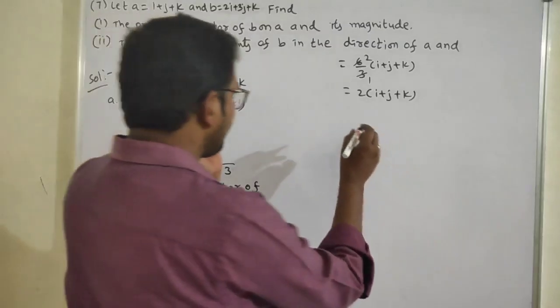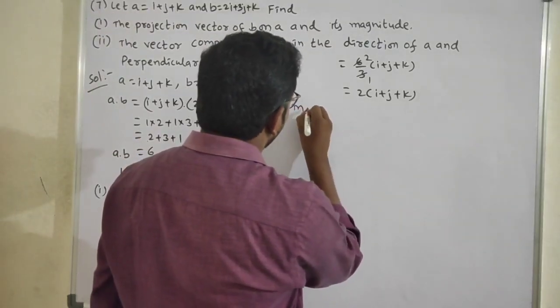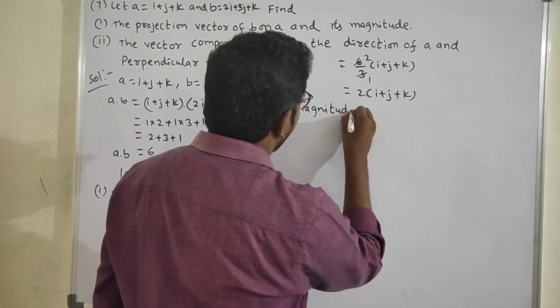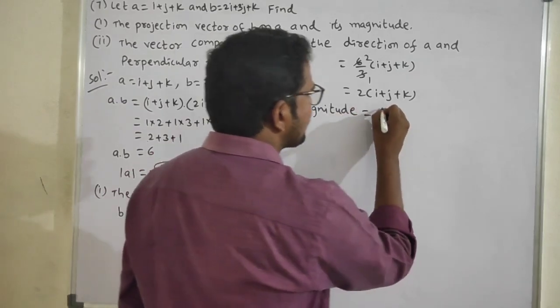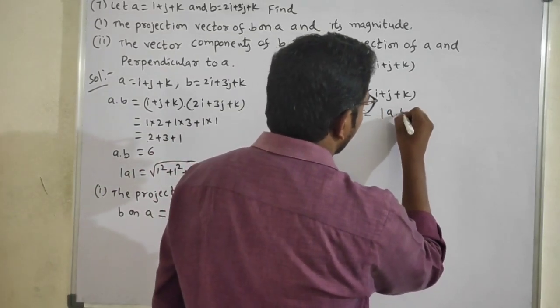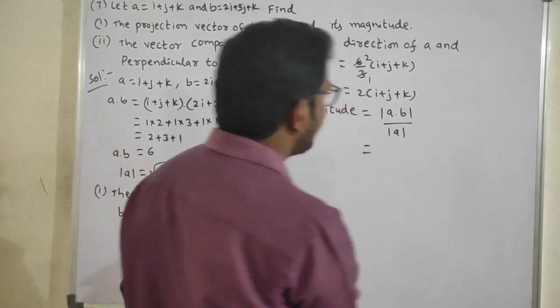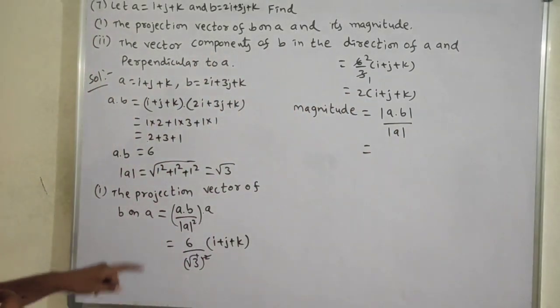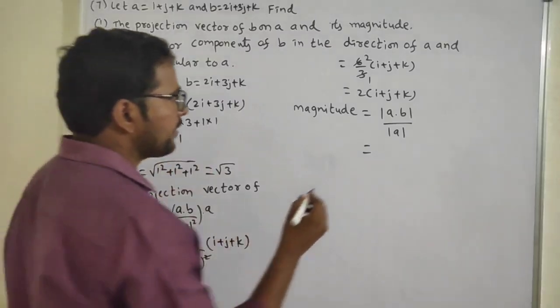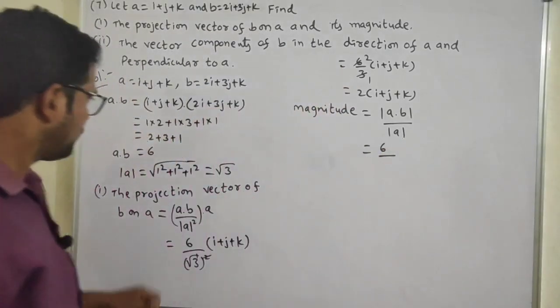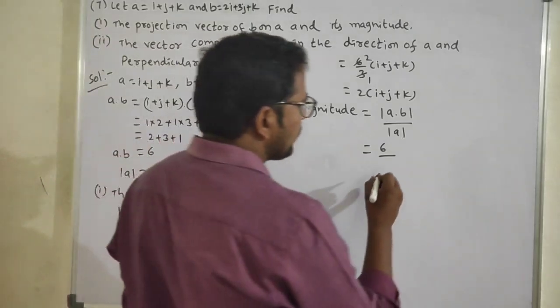Now we find the magnitude. What is the magnitude formula? Modulus A dot B by modulus A. What is A dot B? A dot B is equals to 6. So 6 by modulus A value root 3. 6 by root 3.